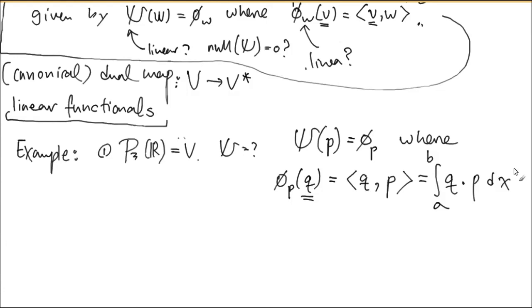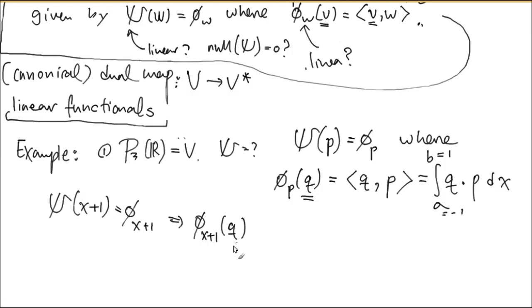Let's see if I've written down anything. All right, so for example, psi of, let's say that was 1 and negative 1. That's a nice one like that. Make sense? Let's try x plus 1. What is it? Phi subscript x plus 1, right? That is a linear transformation. And what kind of linear transformation is this? We only know by plugging in some polynomial q in there, right?